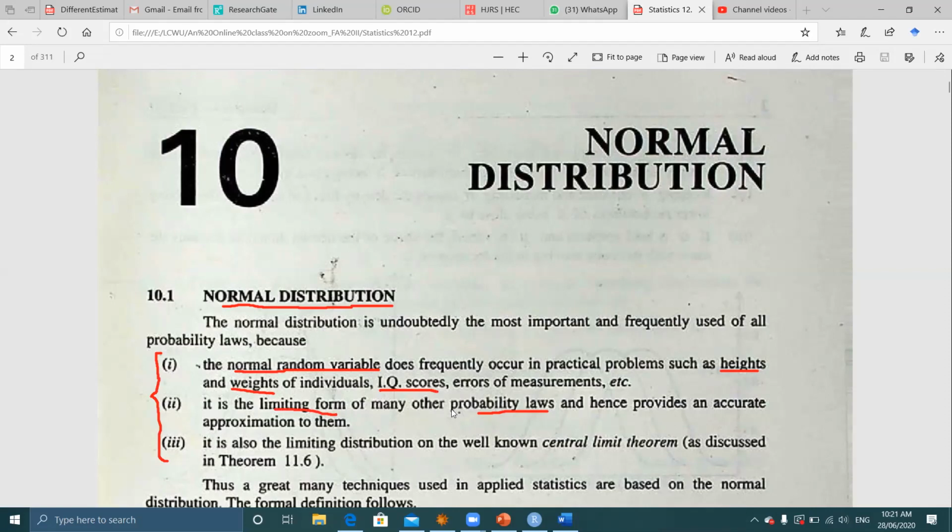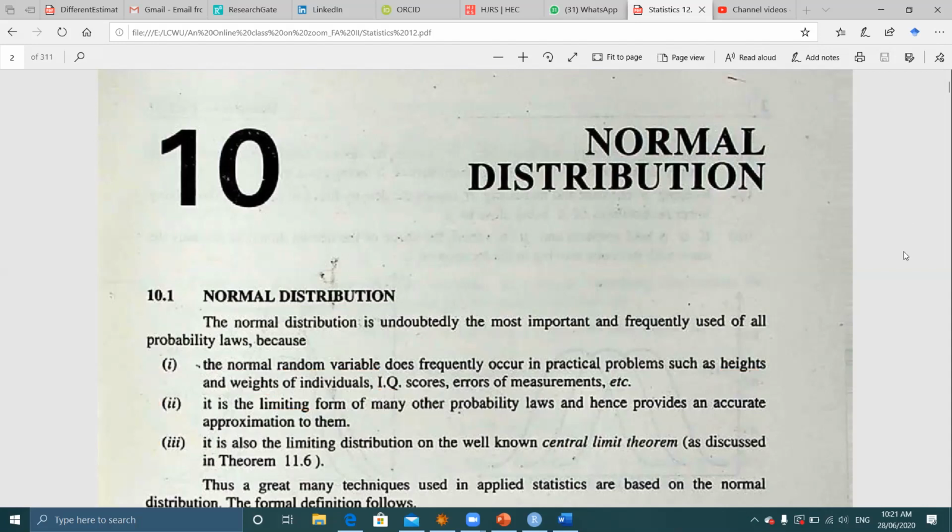So now I think this is beyond your understanding. So I'm leaving these 2 points for future, because in 11.6 we will study the limiting behavior and the central limit theorem. All these points we will take up in the next chapter, inshallah.